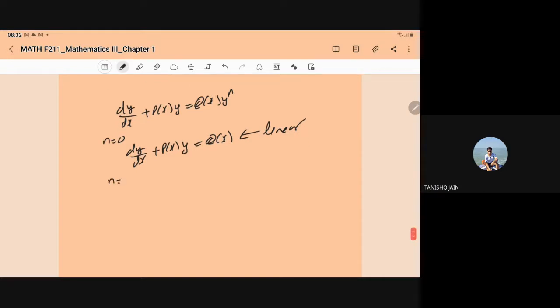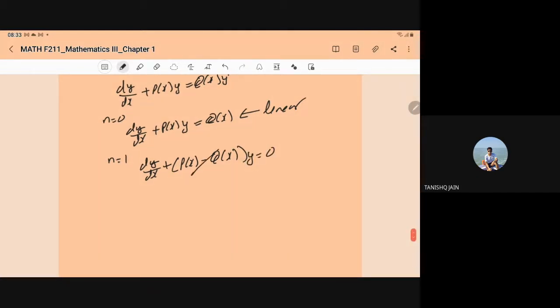When n is equal to 1, it becomes dy by dx plus p(x) minus q(x) times y is equal to 0. It is again a function of x, let's say r(x). So it can be written as dy by dx plus r(x) y is equal to 0. This is also a linear equation.